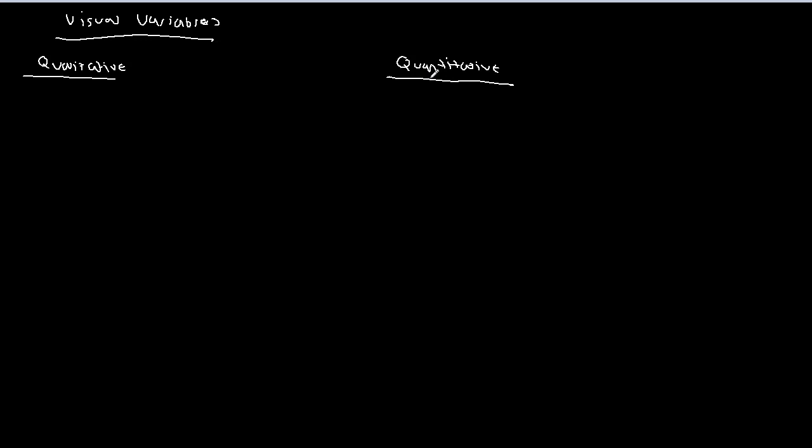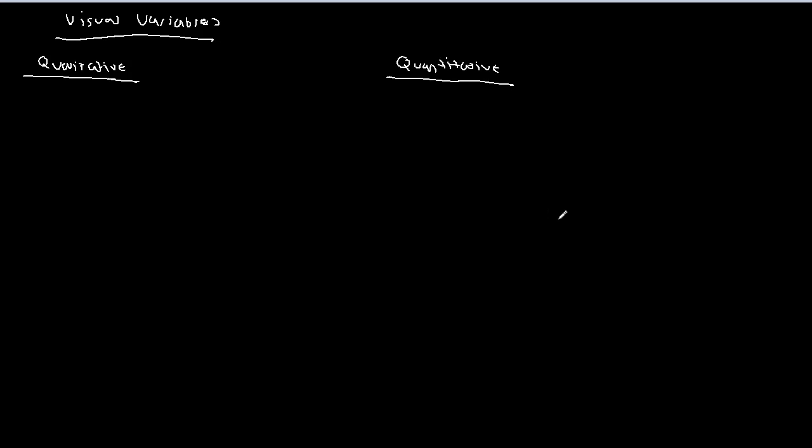Before we dive into the first visual variable, just to reiterate, qualitative here is going to be the non-numeric. So it's going to be things that have either no ranking at all or a non-numeric ranking. So these are the nominal and the ordinal. The quantitative being interval and ratio.